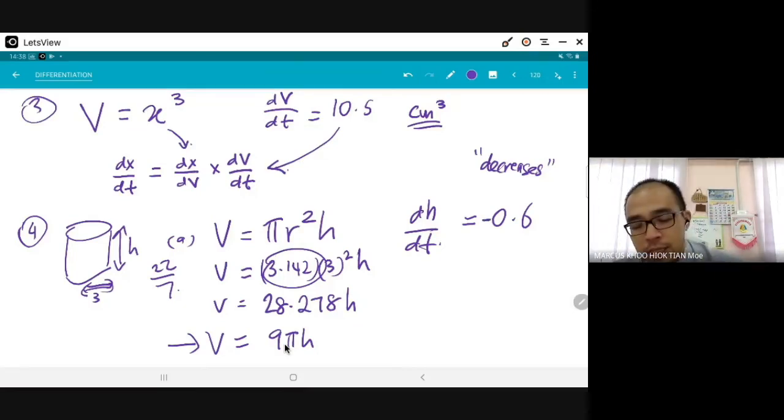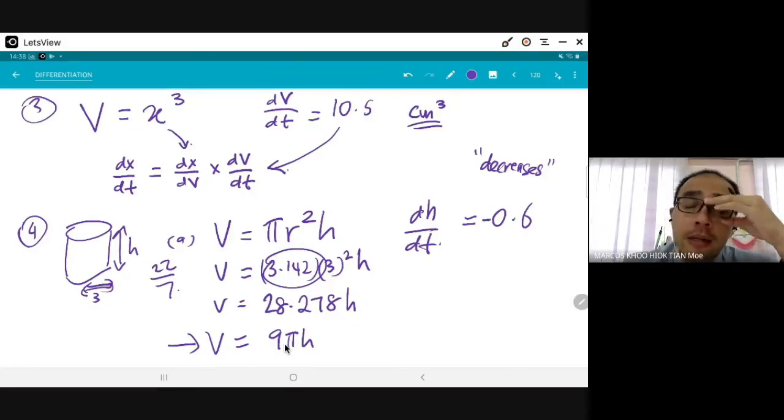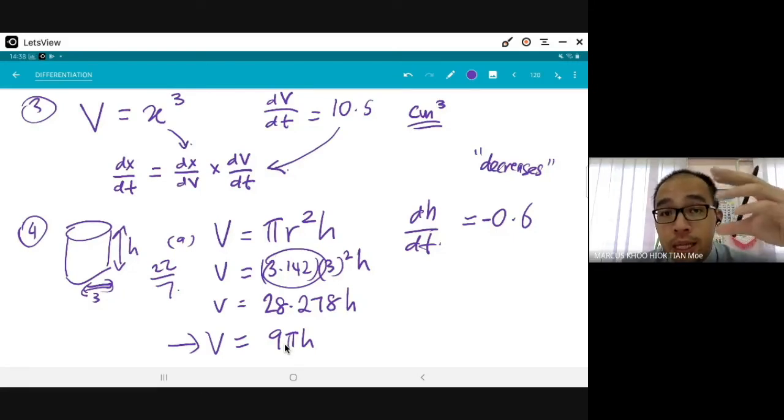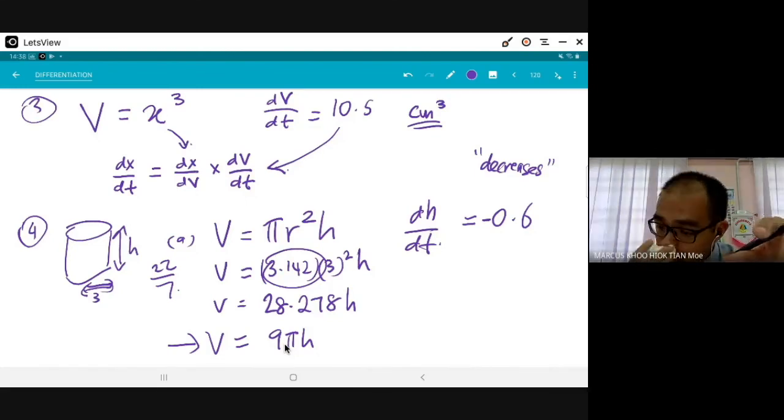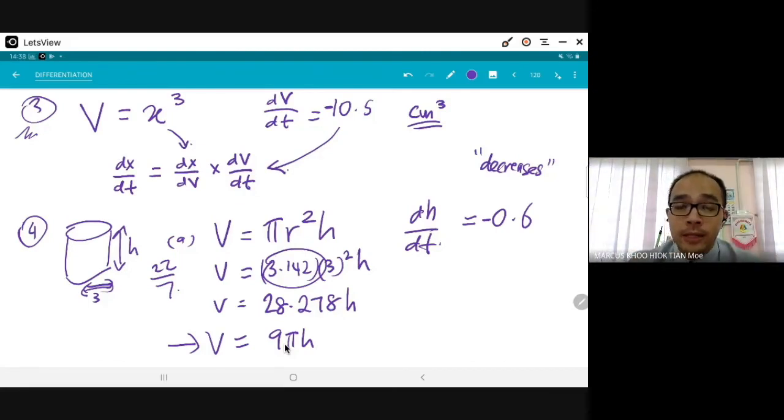I forgot to mention this just now. The rate of change can be negative and can be positive. Negative is if it decreases, and positive is if it increases. So actually, question number 3 also, this is negative 10.5 because the ice block melts, and so it becomes a negative number.